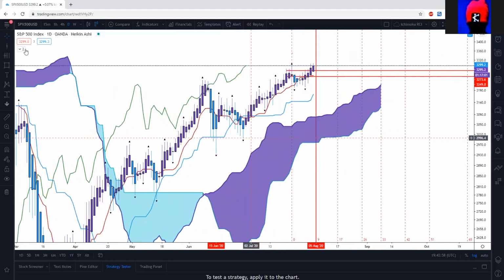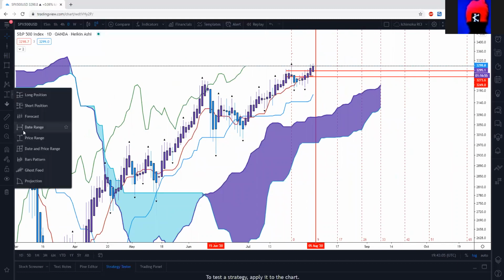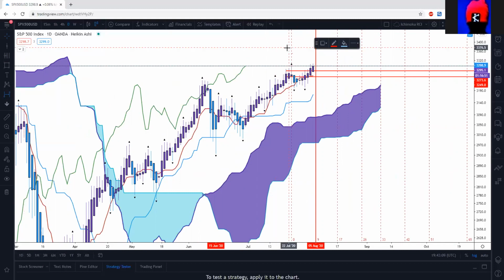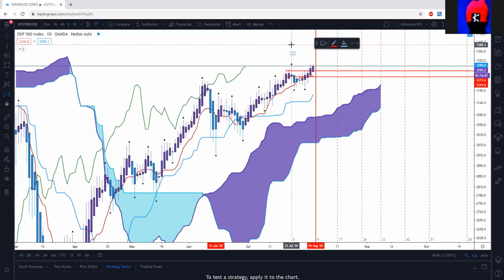All right, and also let me say this before I go ahead and move on. If you don't want to use the Fibonacci time tool, you could use the date range tool right here. You could just move it over either 9, 17, or however many days you want to check it. So for this case, 9 days.